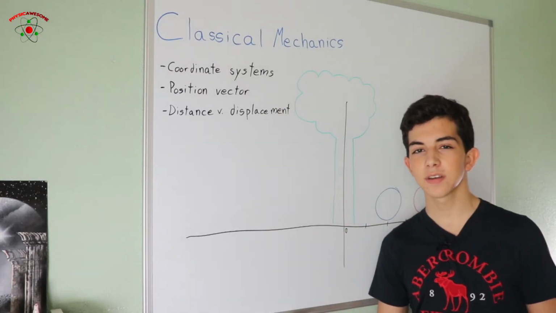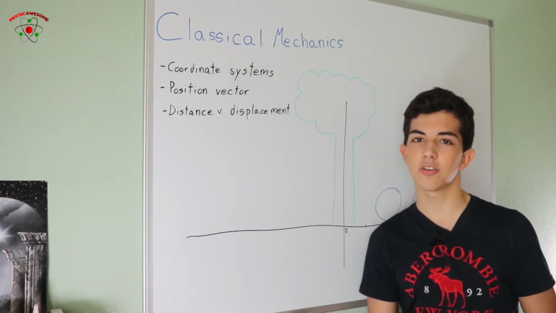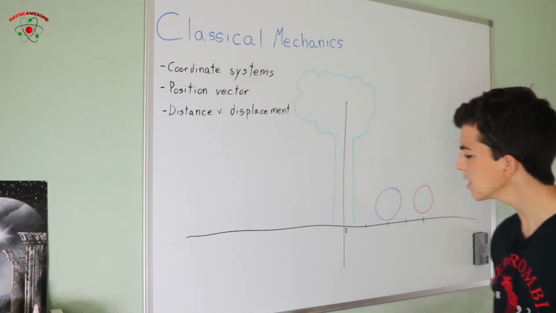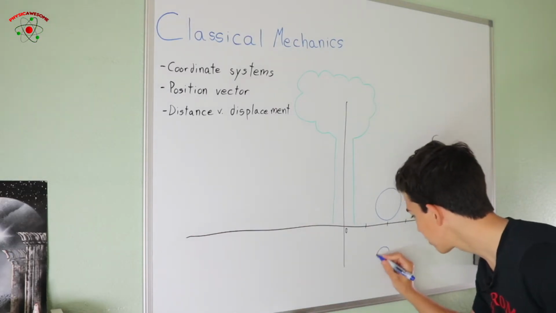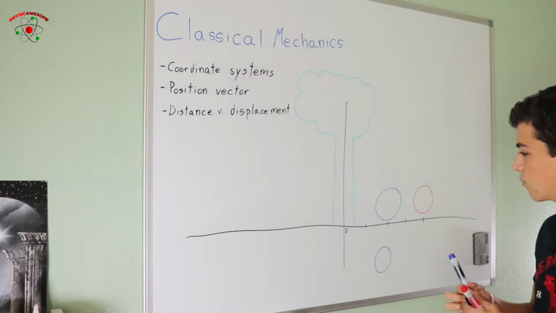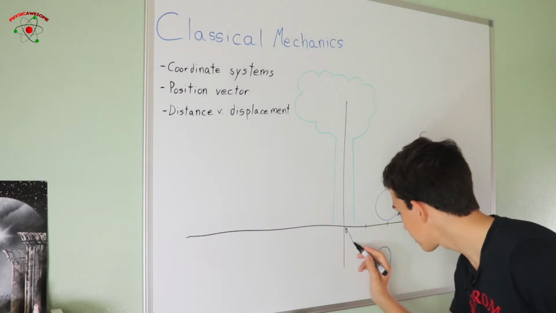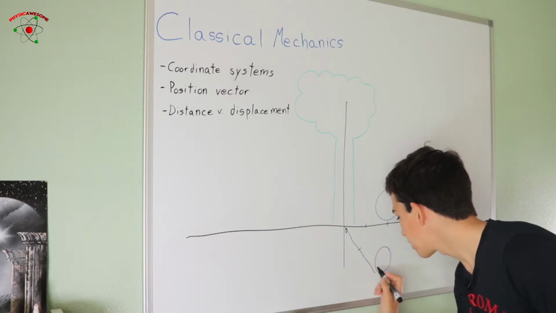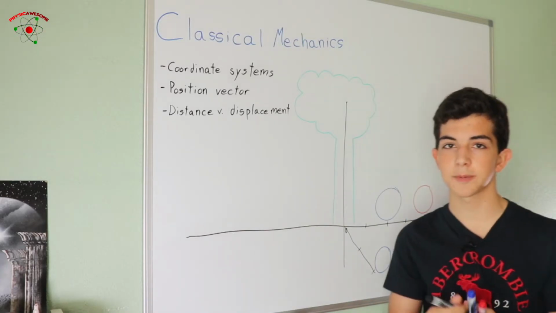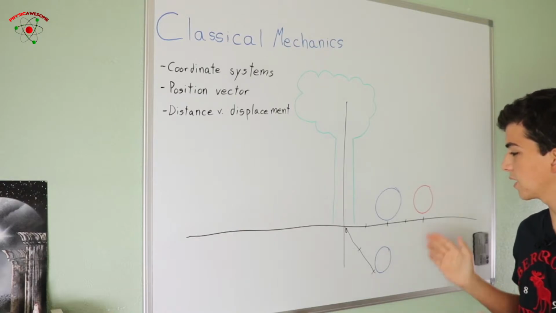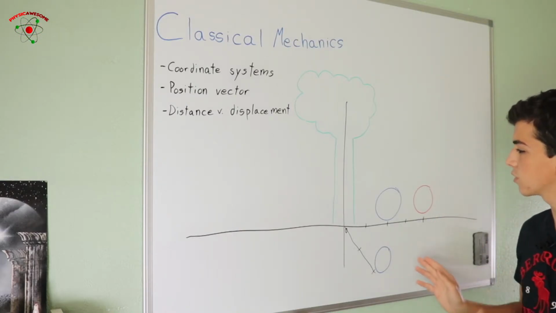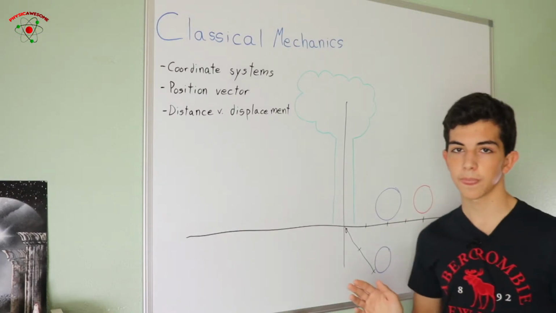Alright, but there's still another problem. Imagine we have another ball over here, and it's also the right of the tree, and if we measure its distance, it seems to be also at 2 steps from the tree. But it is obviously not the same position as our first blue ball.